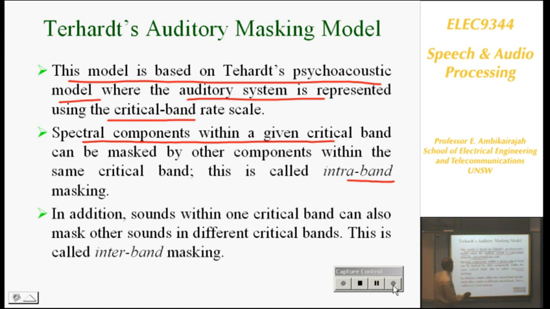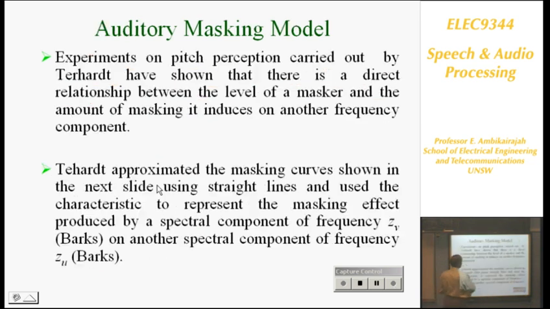The spectral components within one band can mask the other components in the other critical bands, which is called inter-band masking. So we have to calculate both masking thresholds. What's the masking threshold within the critical band? What's the masking threshold outside the critical band? We can use all this knowledge to get the global masking threshold. So, the auditory masking model.